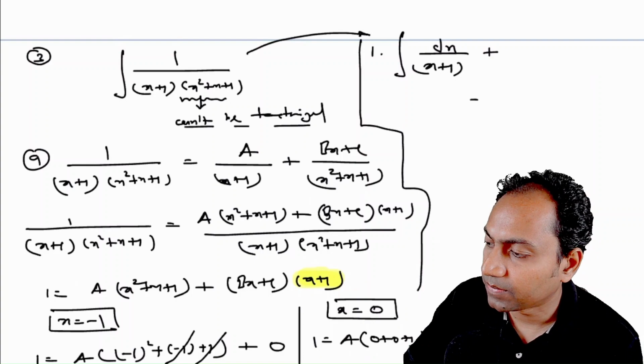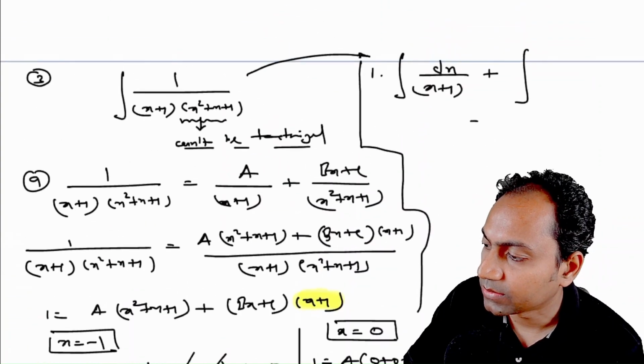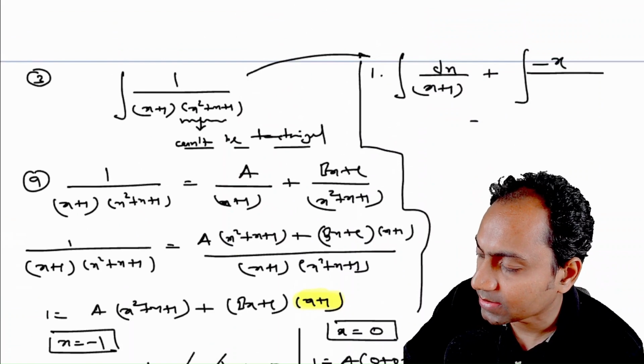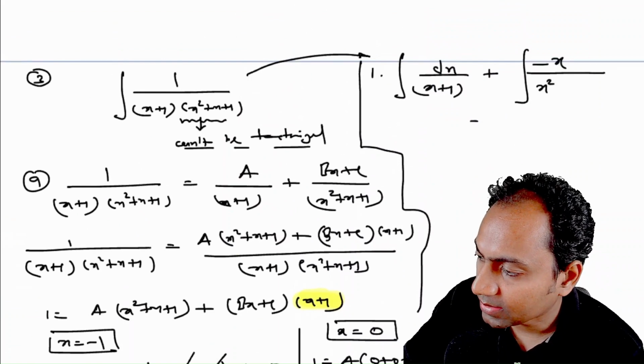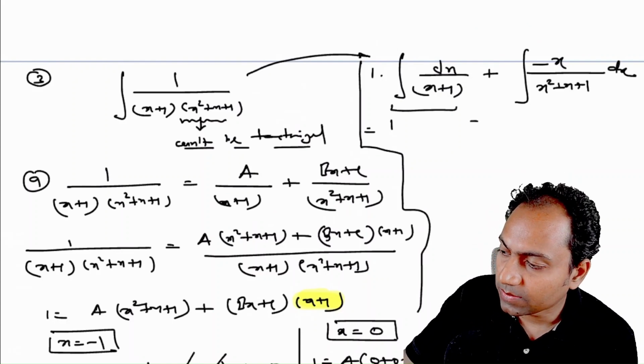And then bx plus c, so b came out to be minus 1. So this can be written as minus x by x square plus x plus 1 dx. We have got two integrals. Now this is very simple to find. The answer becomes ln of mod of x plus 1.